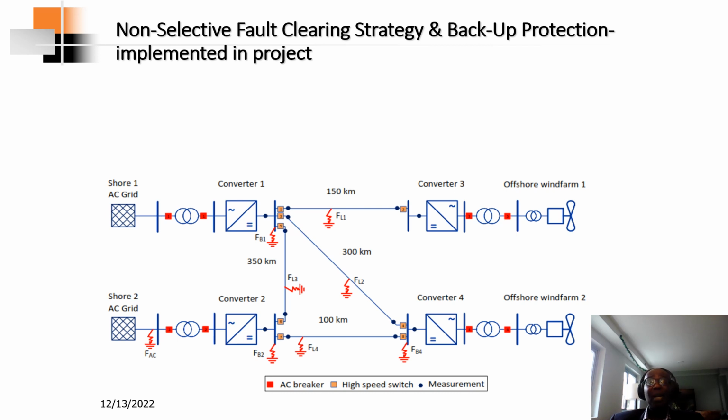The backup I'm utilizing is the AC side circuit breakers, to interrupt the fault after a time delay. On the other hand, if you have a converter that utilizes a fault blocking scheme, or a hybrid fault blocking scheme, you can utilize that as well.